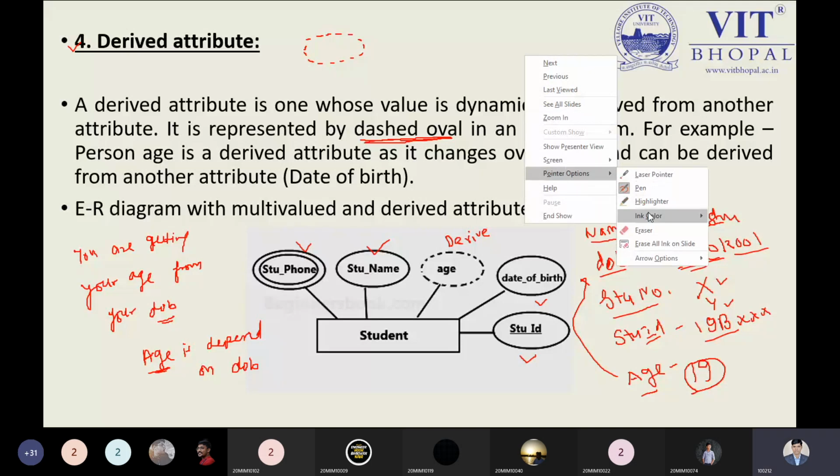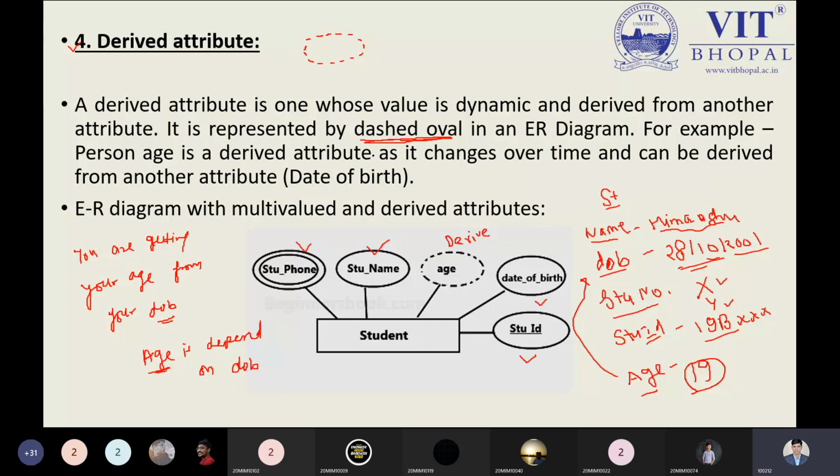Excuse me, sir. Yes, tell me. Sir, what is the difference between composite attributes and multi-valued attributes? Yes, no problem. Let me explain the simple things with an example.